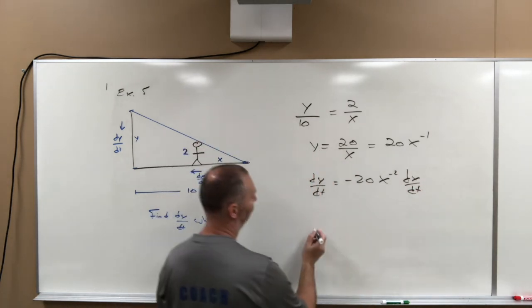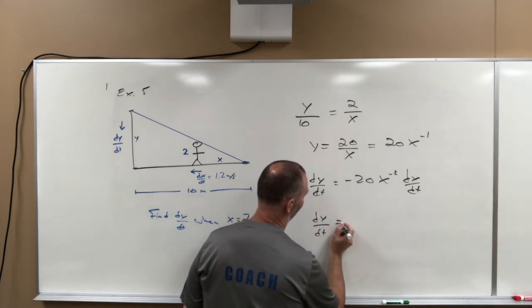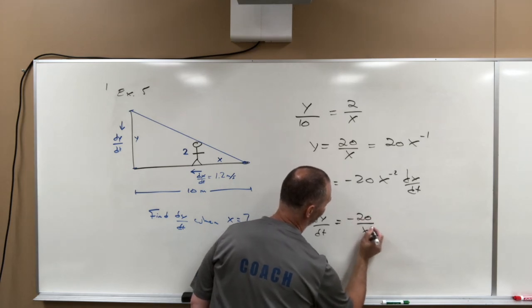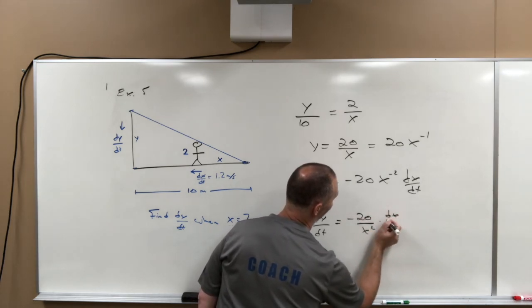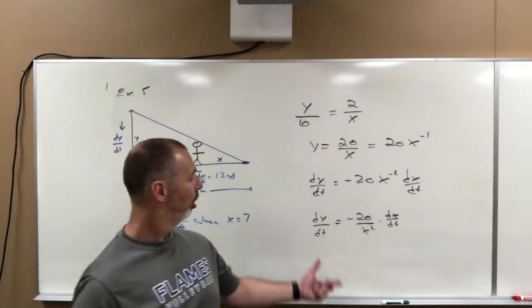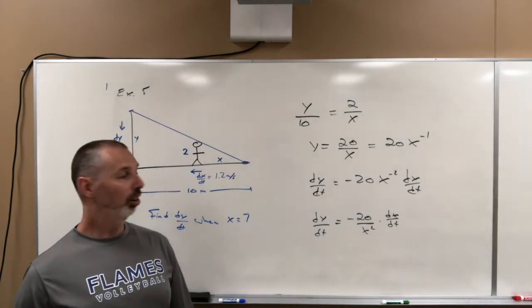And of course, if we simplify that, let's just move that x to the negative 2 back to the denominator, and we get this. All right, so we have dy/dt equals negative 20 over x squared, dx/dt.